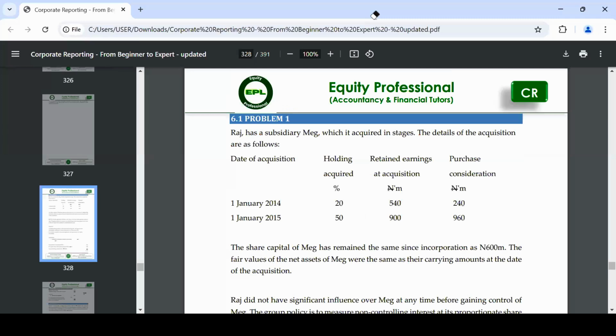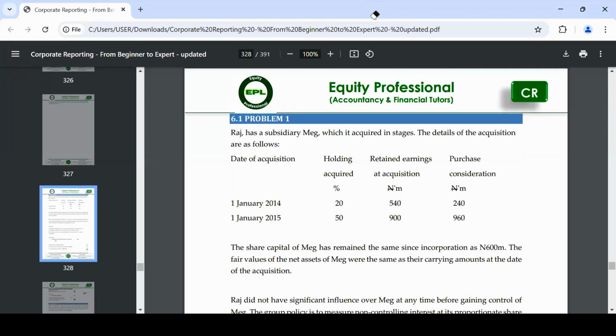All right, problem 1. Let's look at this together. Raj has a subsidiary, Meg, which it acquired in stages. The details of the acquisition are as follows.